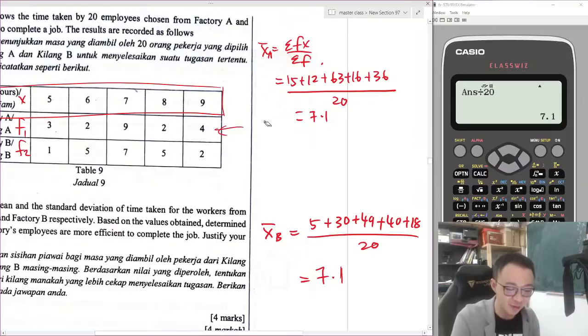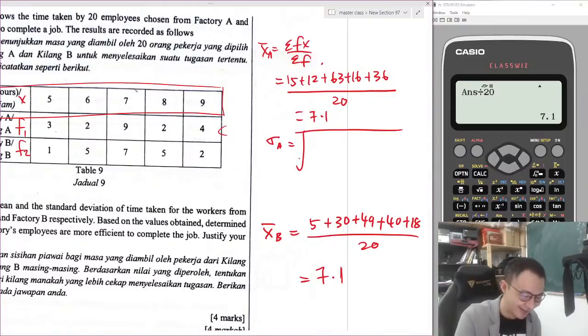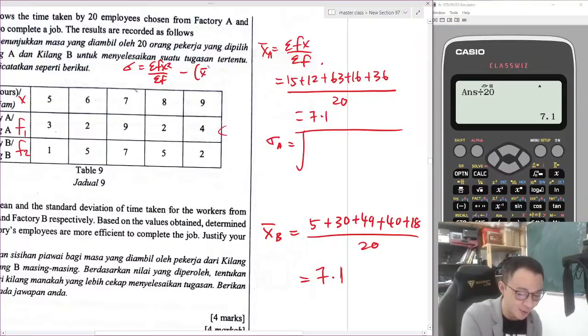Then we need to do the standard deviation. I use this sign, sigma, as standard deviation. It's basically the square root of sum of fx squared over sum of f minus mean squared. This one takes some time. Your teacher just loves to give you this. Just do it.